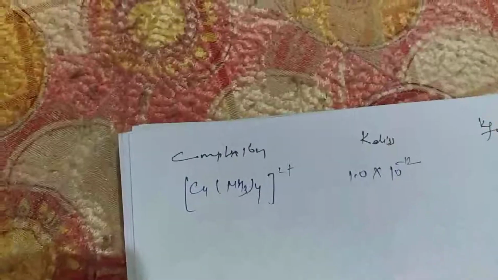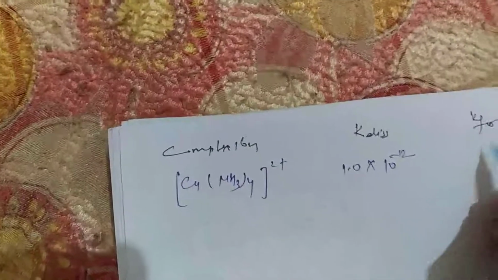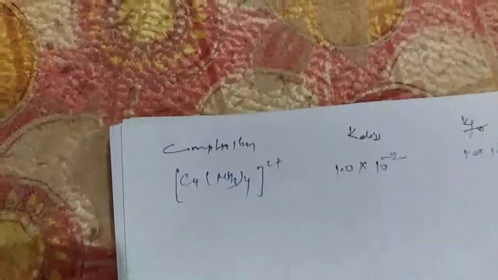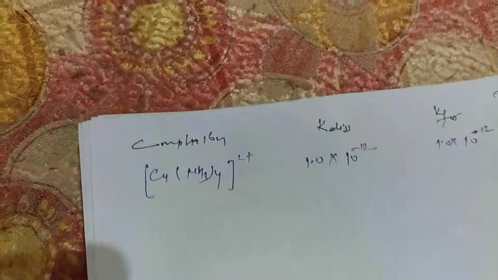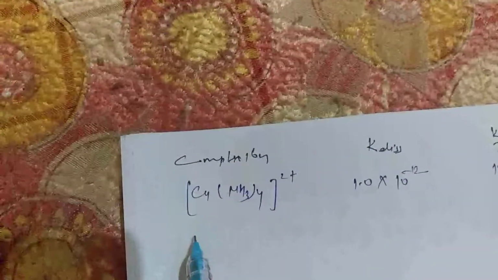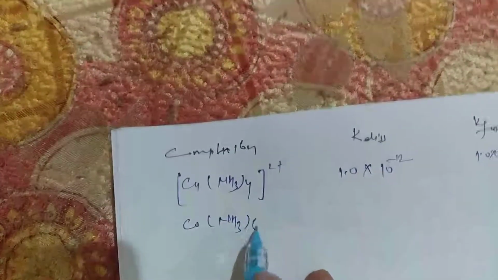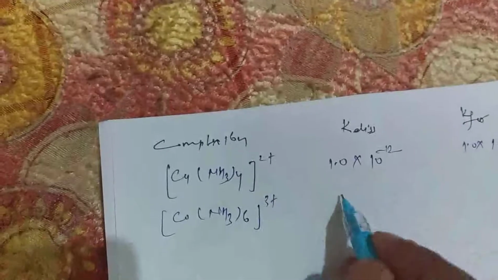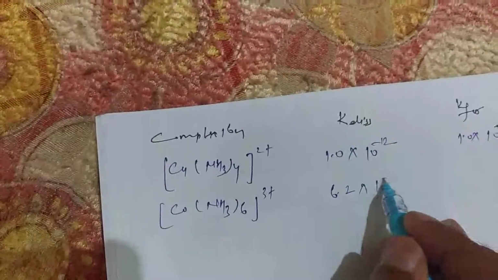So if it is the opposite of this, it will be 1.0 times 10 to the power, sorry, plus 12, because this has an inverse relationship. One more example, cobalt complex. In this case the value is 6.2 times 10 to the power minus 36.